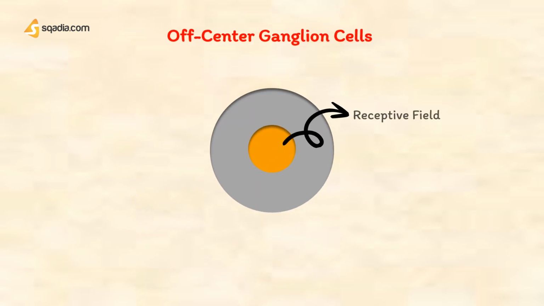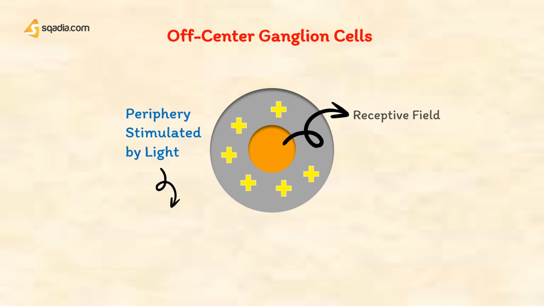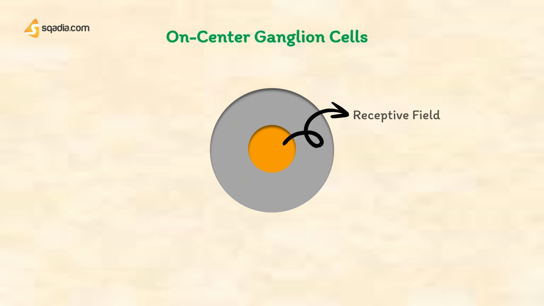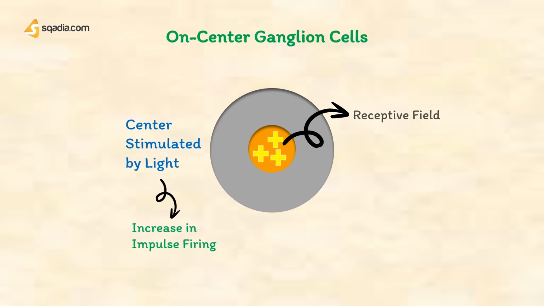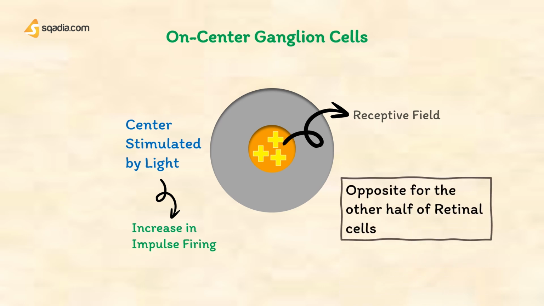Approximately half of the ganglion cells in the retina respond with a decrease in firing of their impulses when the periphery of their receptive field is stimulated by light, and increase their firing rate when the center of the receptive field is lit up. The other half increase their firing rate when the periphery is illuminated and decrease their firing rate when the central receptors are stimulated.